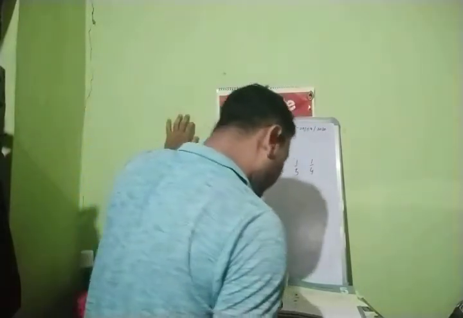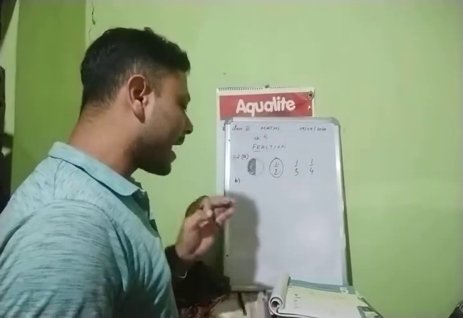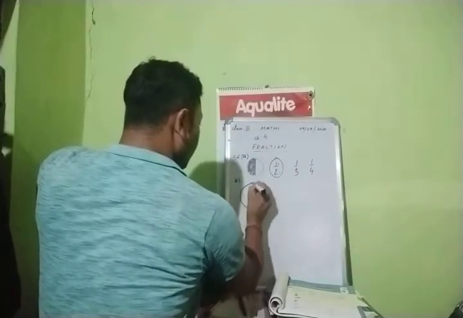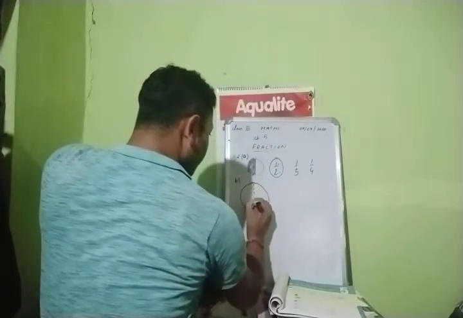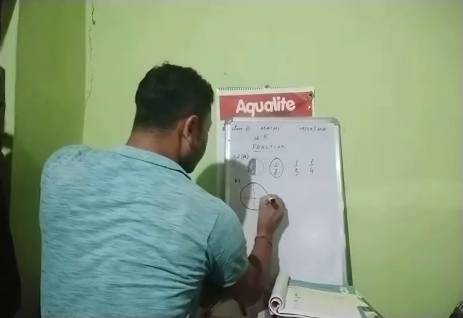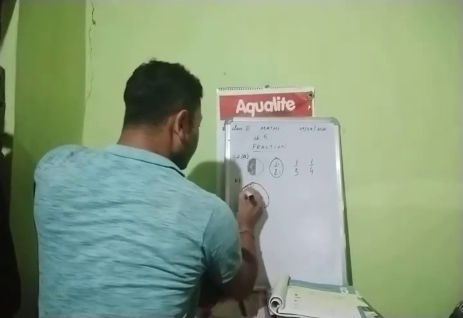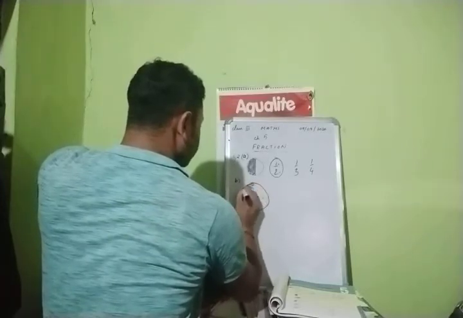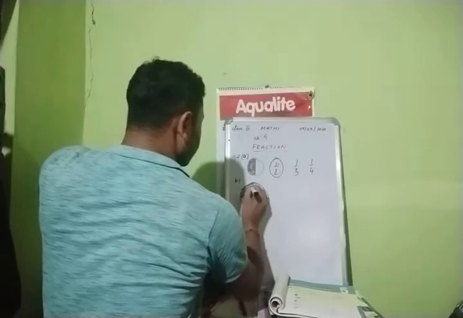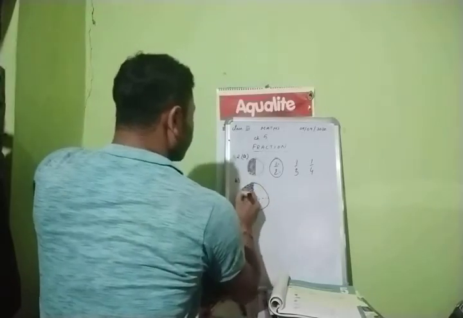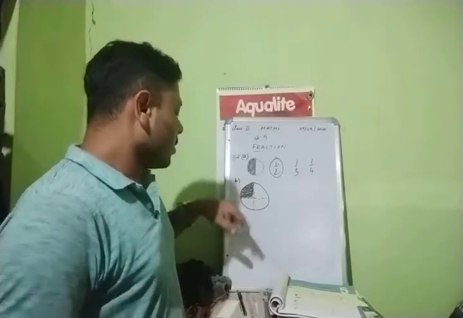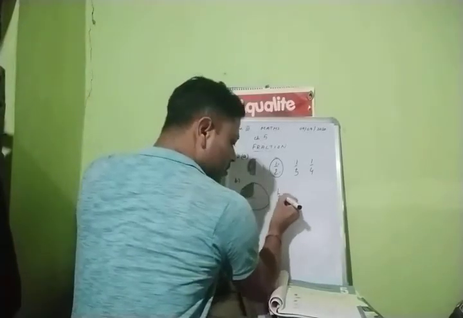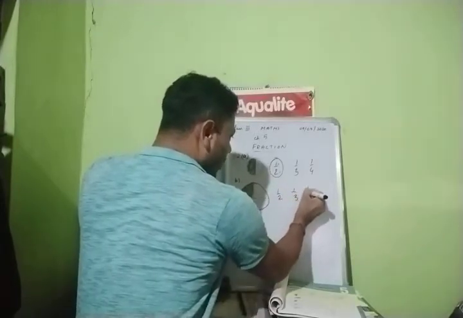Question number B says that the dotted lines divide the oval into dash equal parts. There is one circle. Dotted lines mean like this, these dots are there. Then this one is colored. Now just see in the picture, and again given 1 by 2, 1 by 3, 1 by 4.